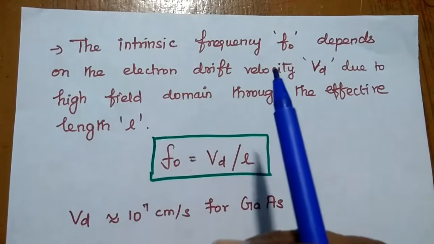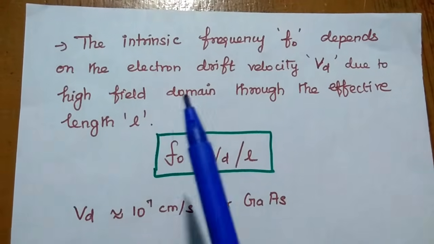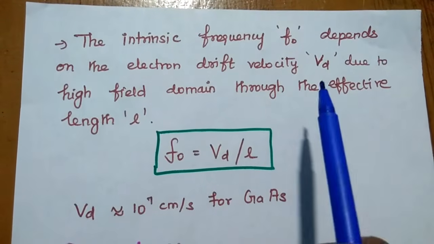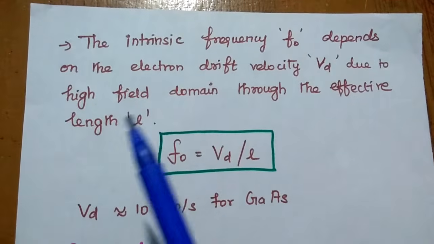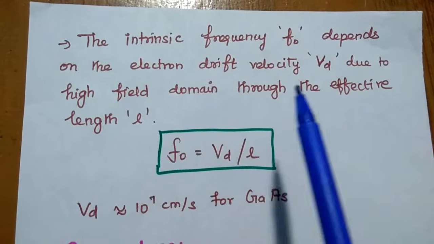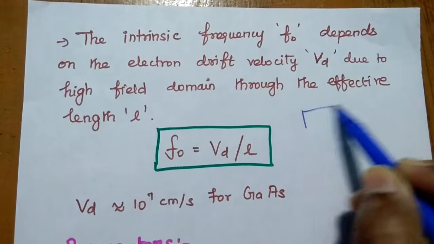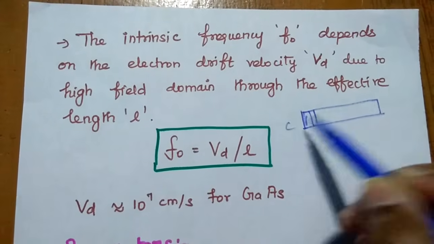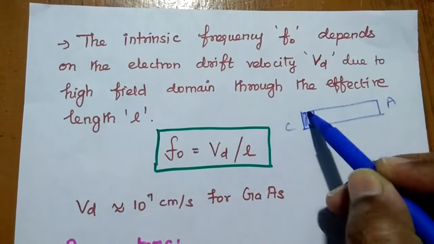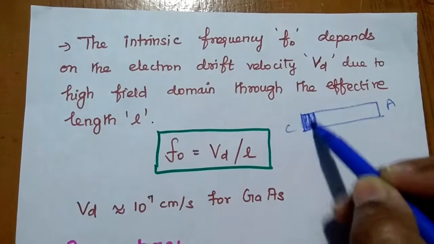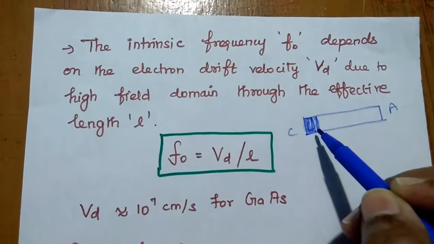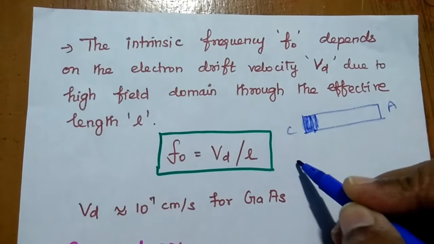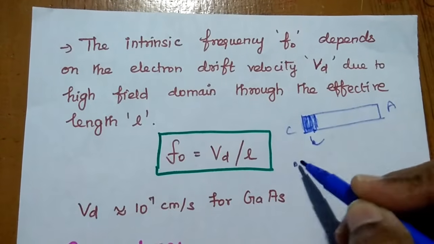The intrinsic frequency depends on the electron drift velocity Vd due to the high field domain through the effective length. As we already discussed in the transit time mode, here it is the cathode, this is the anode, and the high field domain is formed. This is because of the electron drift velocity from low energy to high energy.